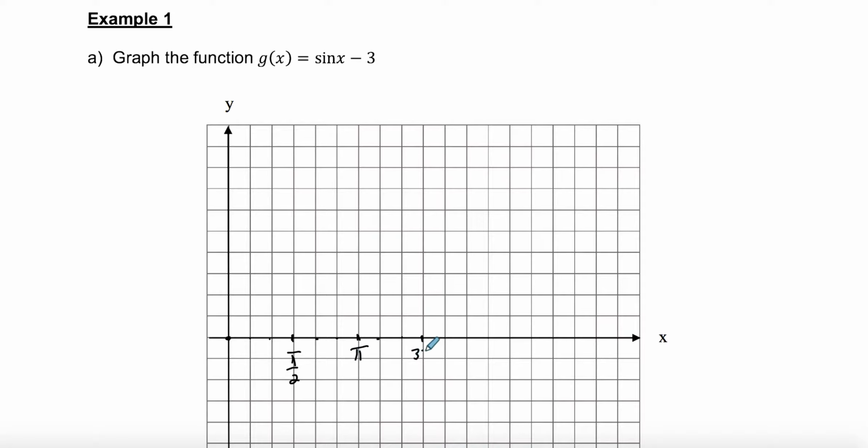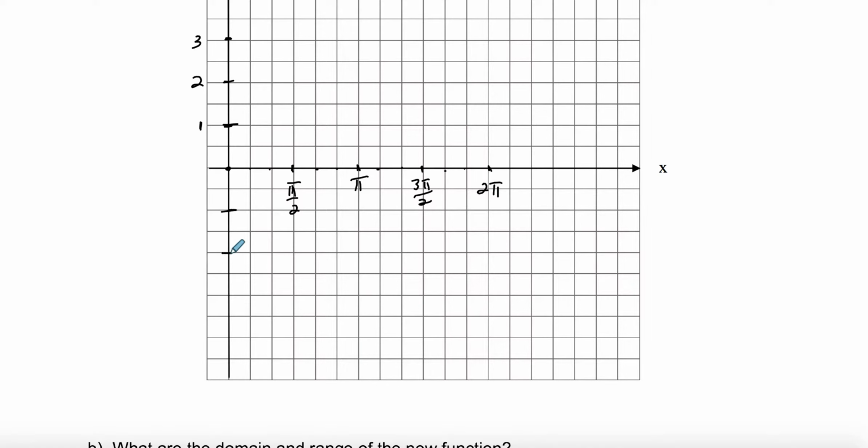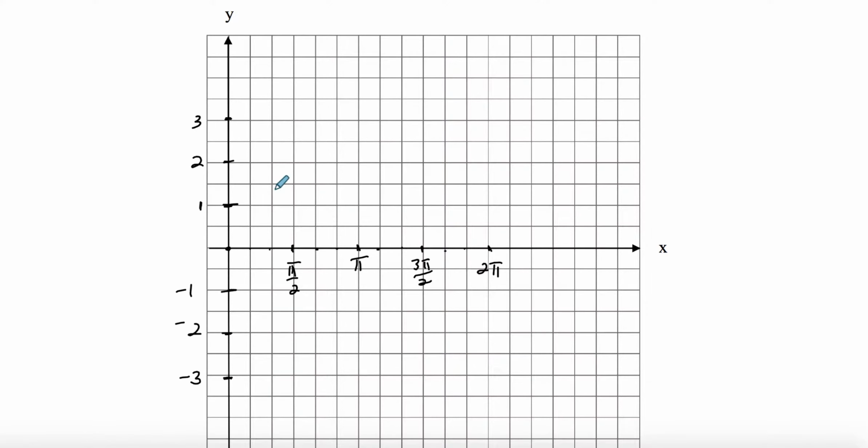When I have some room, I like to space out my numbers vertically as well. So maybe that's 1, and this could be 2, and this could be 3, because I know we are going to move this function down 3. What I find really helps me is sketching the original sine function. Our root function starts at 0, at 90 we're up to 1, we're back to 0, we're down to -1, and we're back to 0.